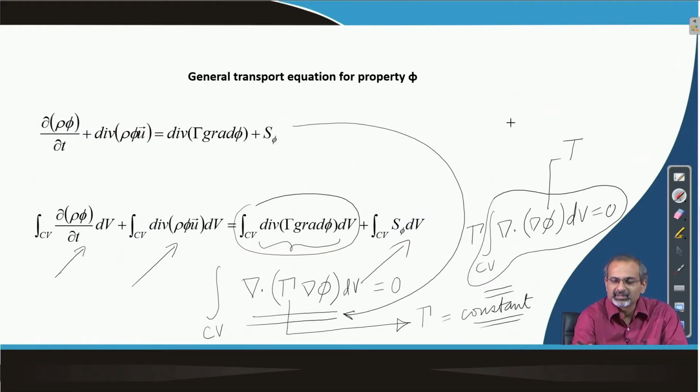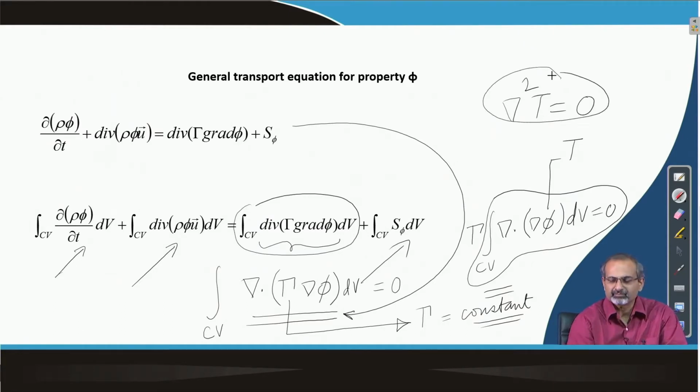So, in this situation, what you have essentially in the differential form is this, that is Laplace equation, but when you are talking about the integral form of the equation, you are writing it slightly differently.